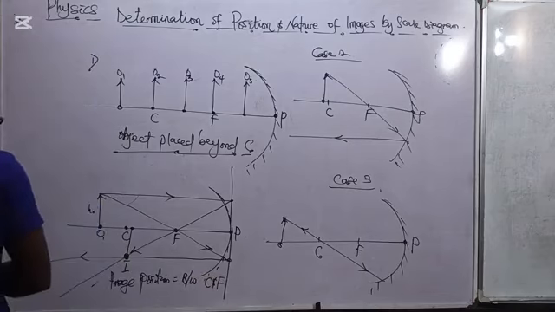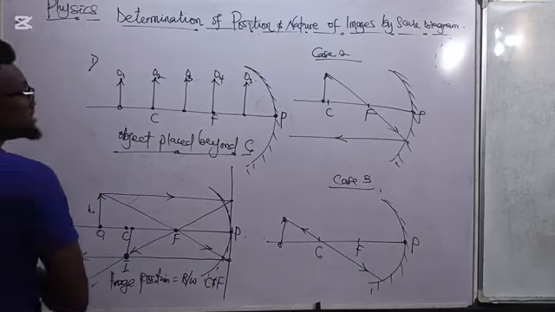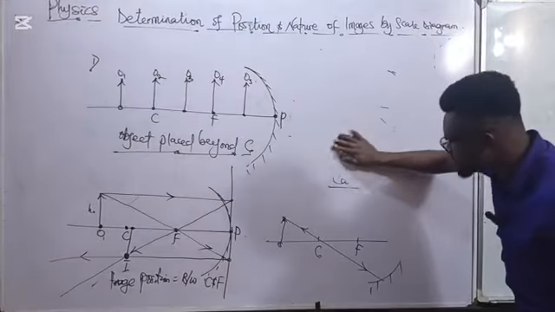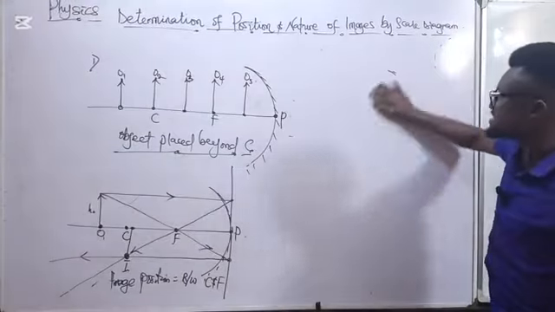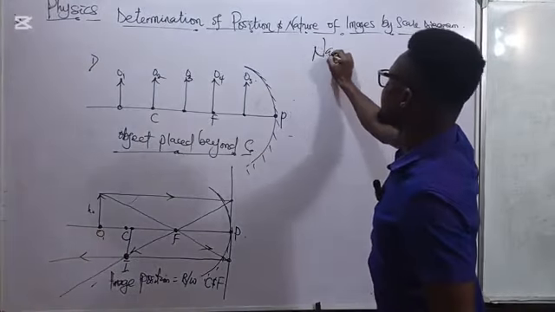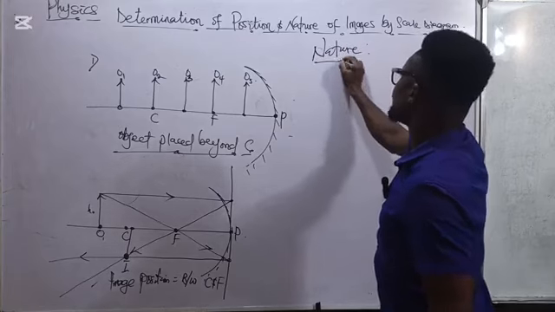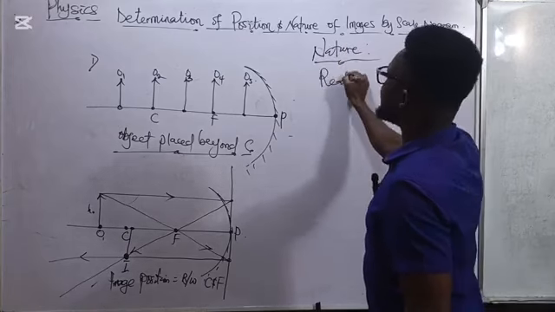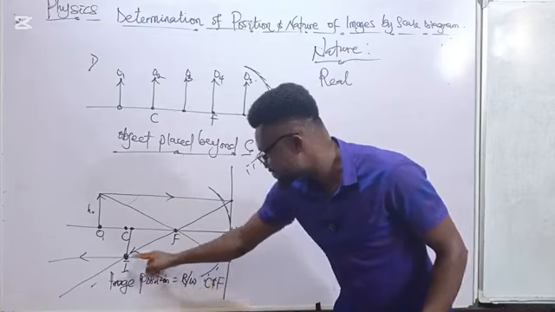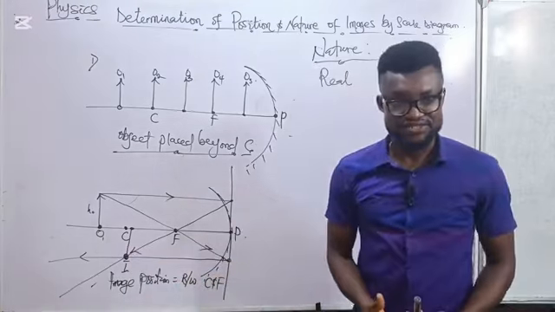Now, how do we obtain the nature of the image? The nature of the image could be termed real. Why is it real? Because the intersection of the reflected rays is a real intersection.